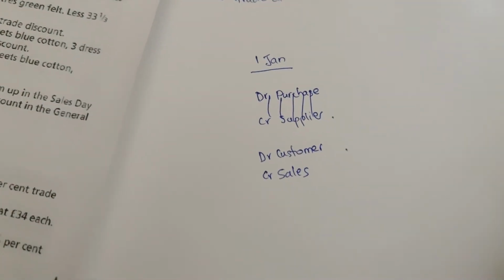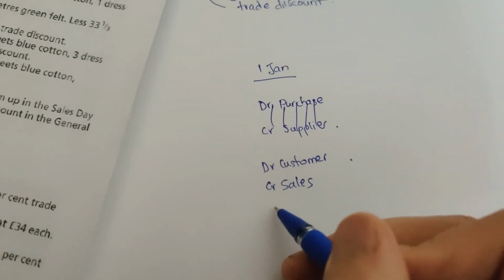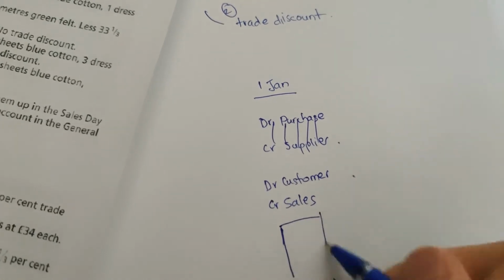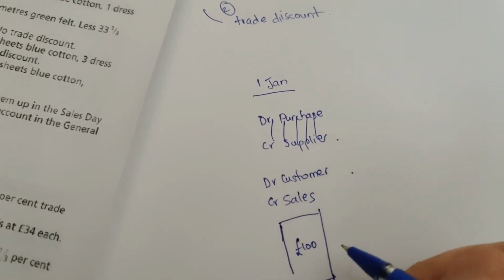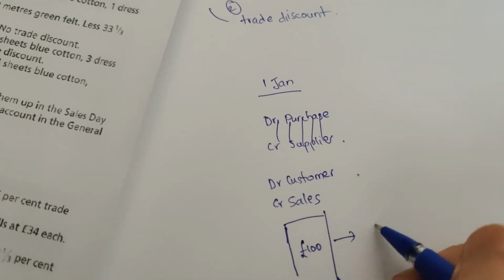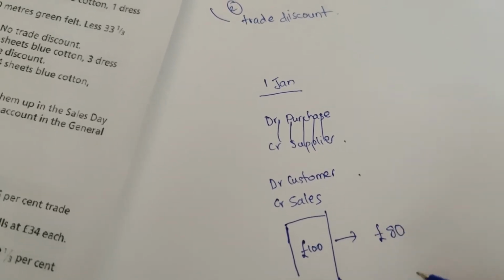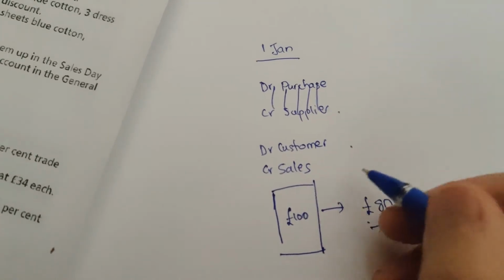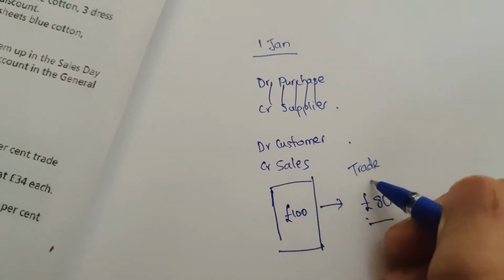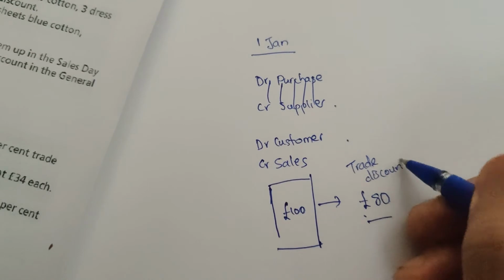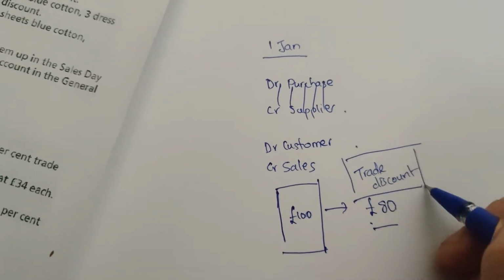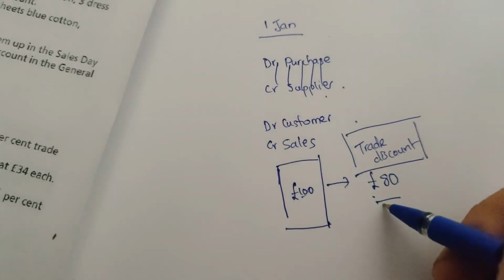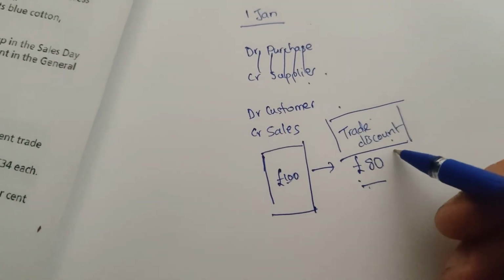Now on this day, say the customer's invoice, the bill that he got, came at 100, but because of negotiating it, you reduced it to 80. Whenever you reduce the bill on the day of the transaction, this is called trade discount.